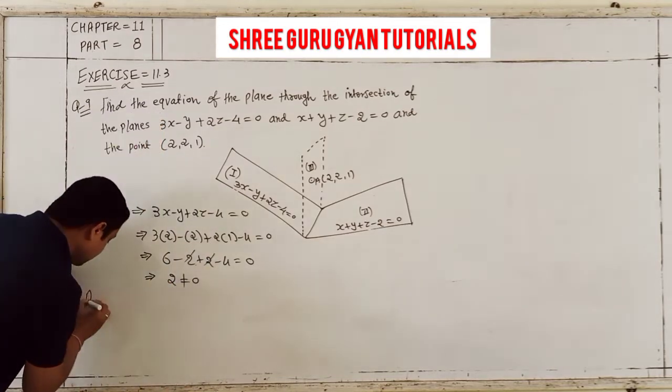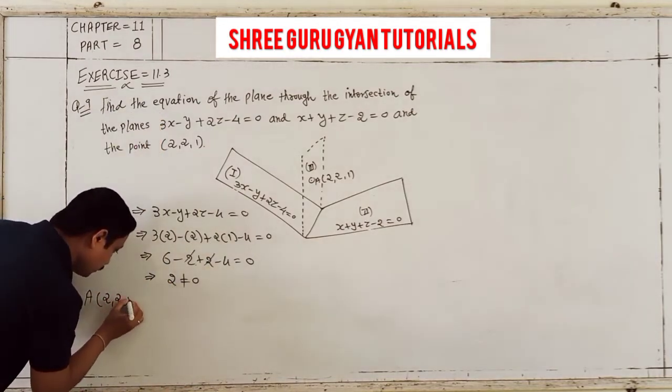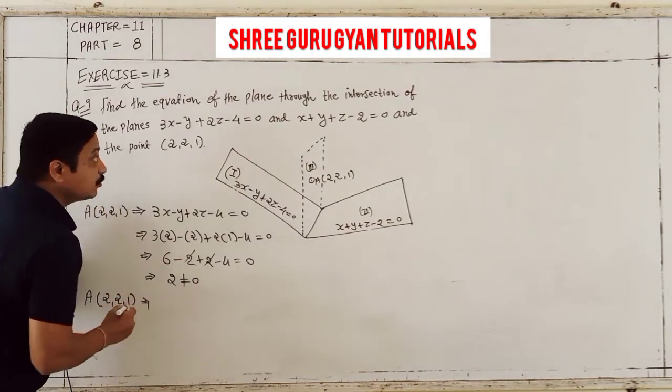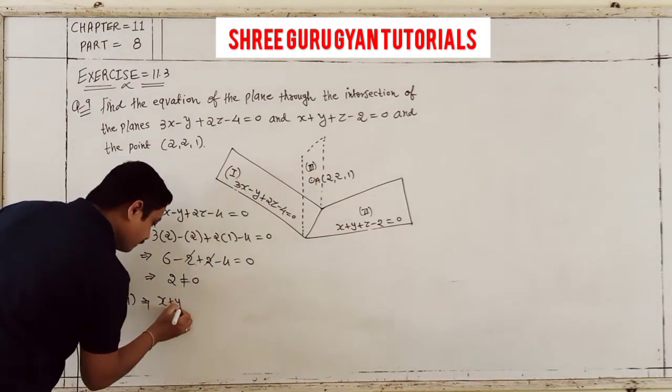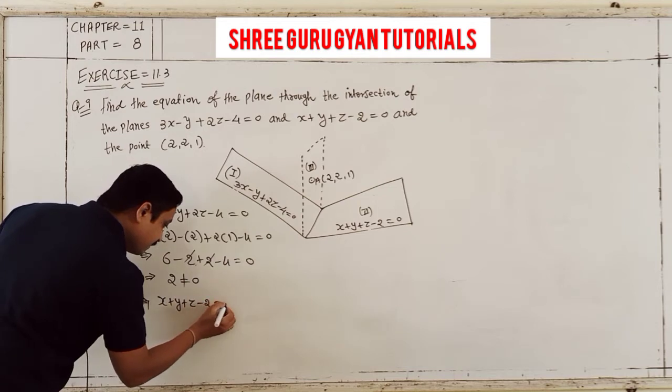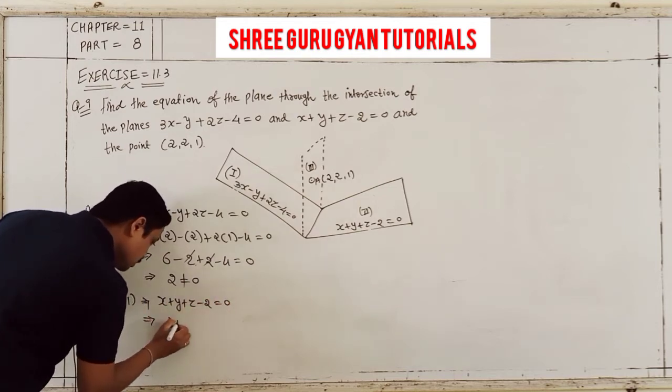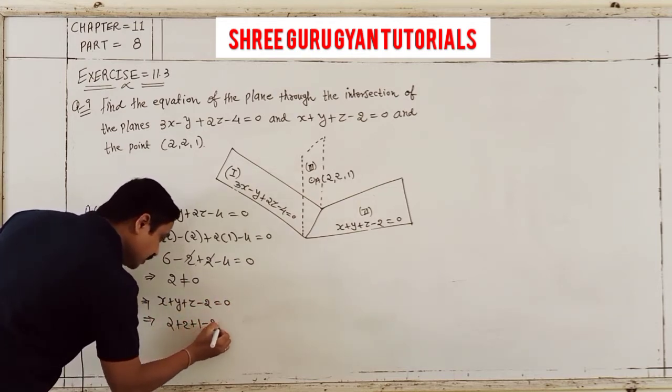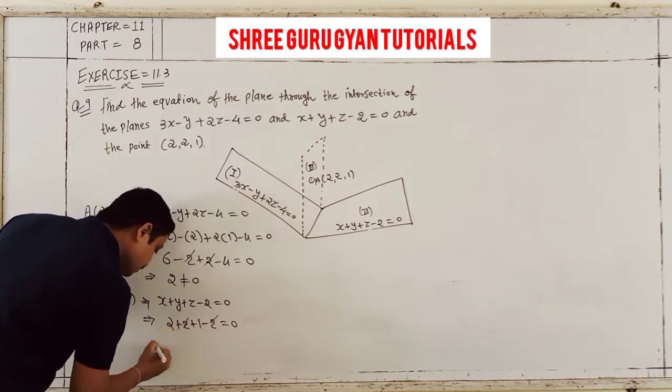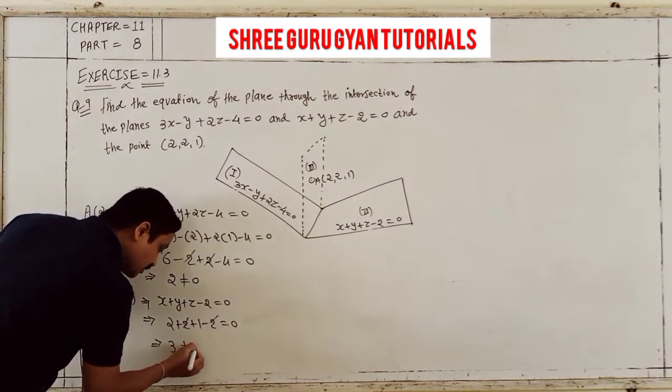Now I will check the second plane, x plus y plus z minus 2 equals 0. So 2 plus 2 plus 1 minus 2 equals 3, never 0.